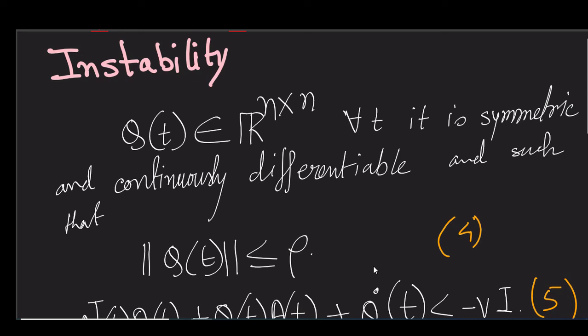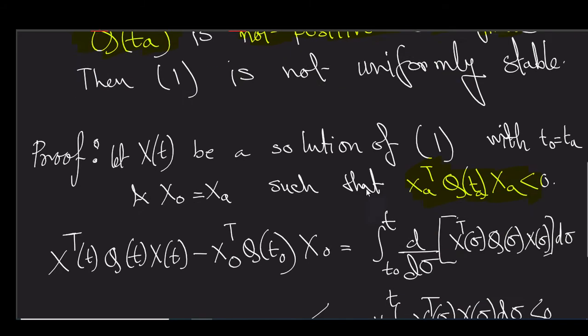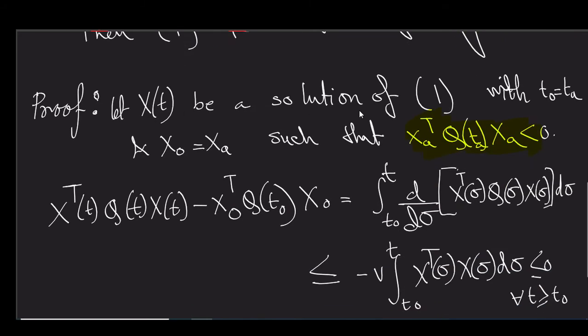Now again qt, for all t, qt is less than or equal to rho, all these are correct. Now here, let xt be a solution, meaning we are assuming that this is less than 0.